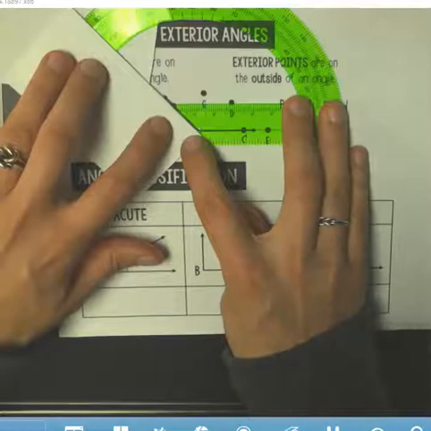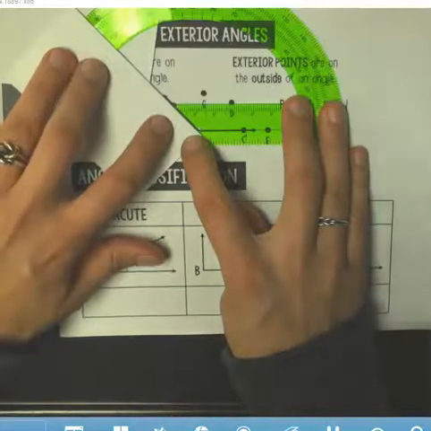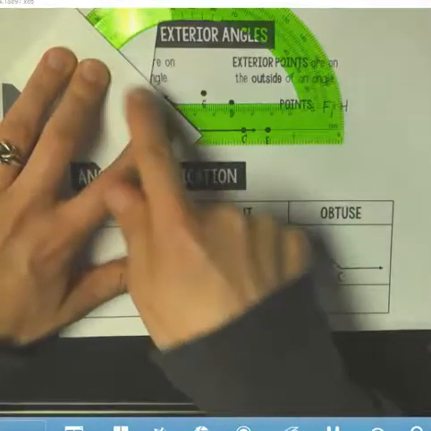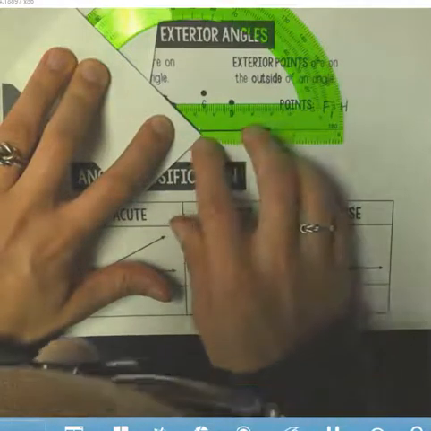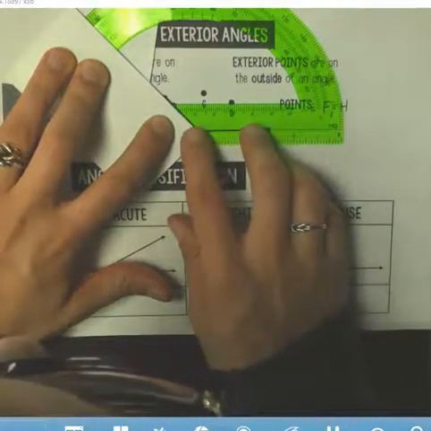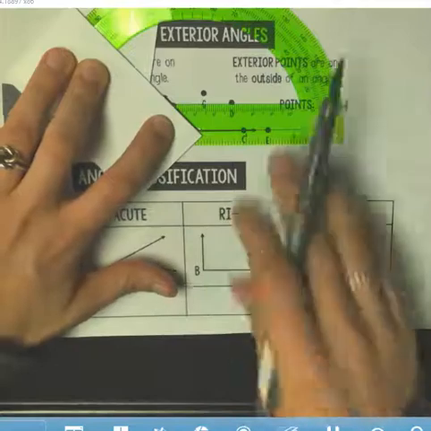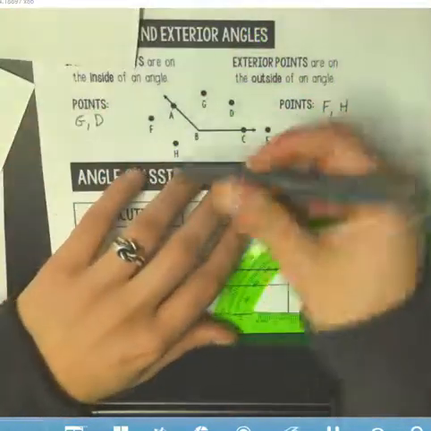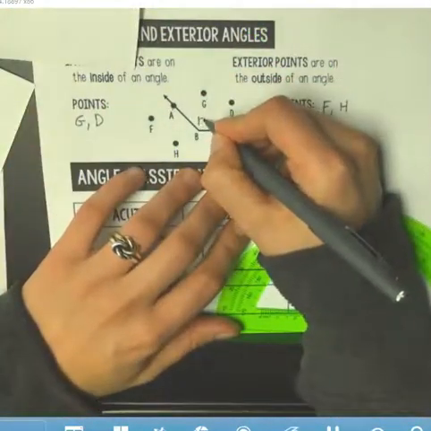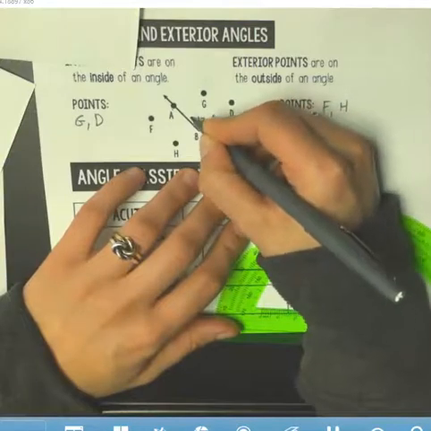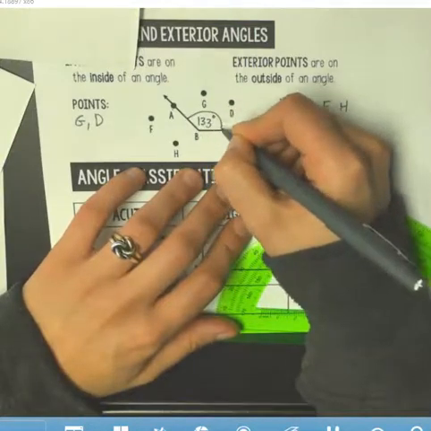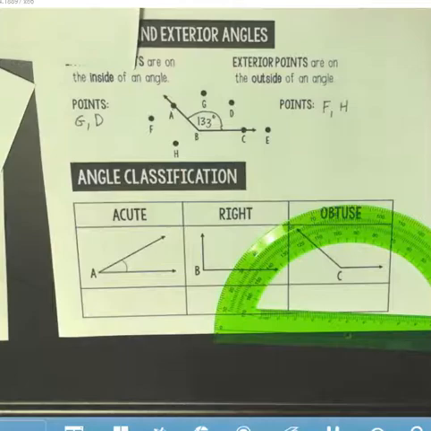For this angle, if you can see right here, this should be around 133 degrees. So I'm going to write in here 133 degrees. Okay, so that angle is 133 degrees.